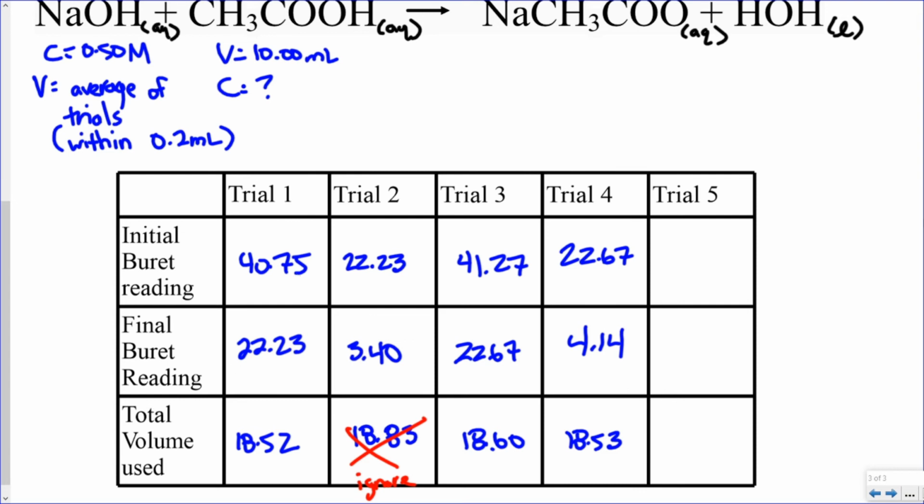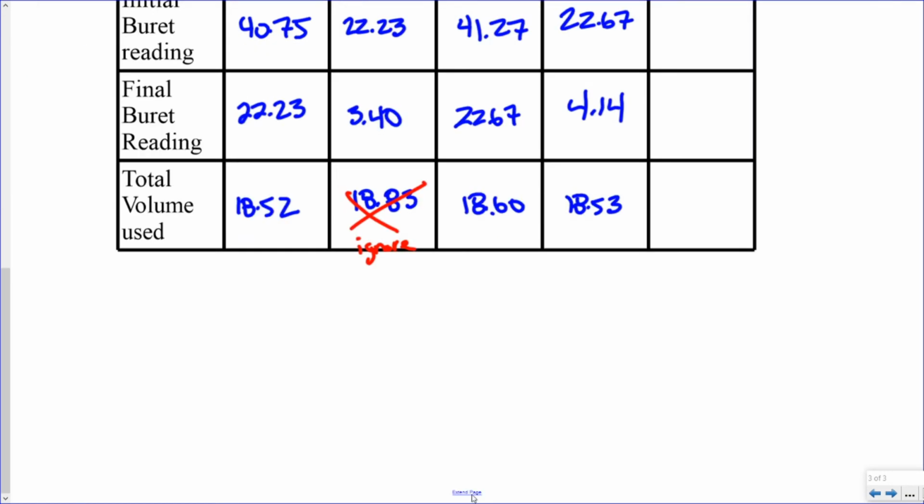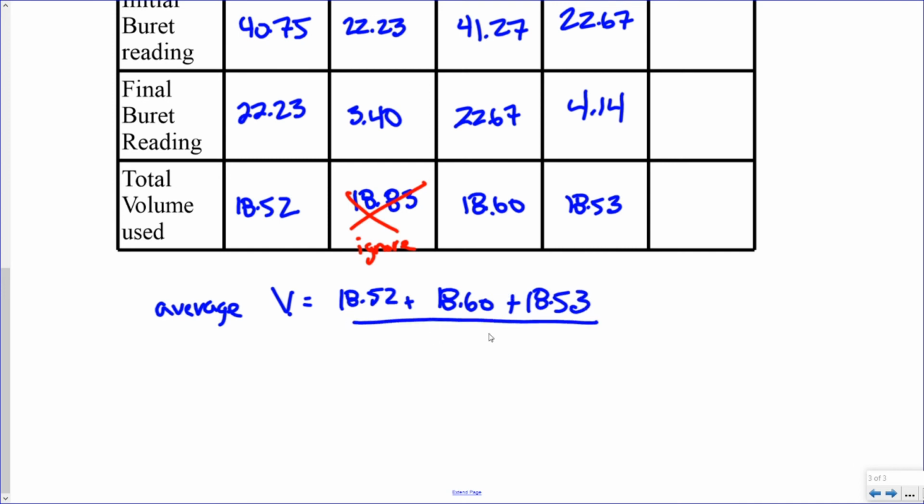So our average volume, let's do it down below. So extend our page here. So our average volume would be 18.52 plus 18.60 plus 18.53, all divided by 3.